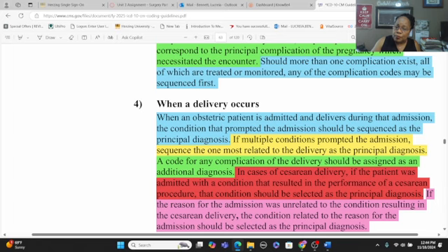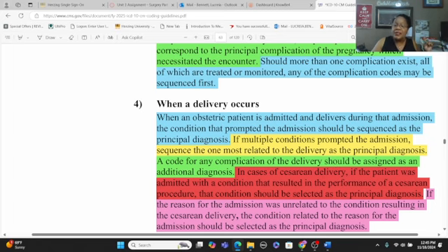But if multiple conditions prompted the admission, sequence the one most related to the delivery as the principal diagnoses. Because remember, delivery occurs on this admission. So whatever the reason that brought them in or prompted that admission that's most related to delivery is the principal diagnoses. And a code for any complication of the delivery should be assigned as additional diagnoses.